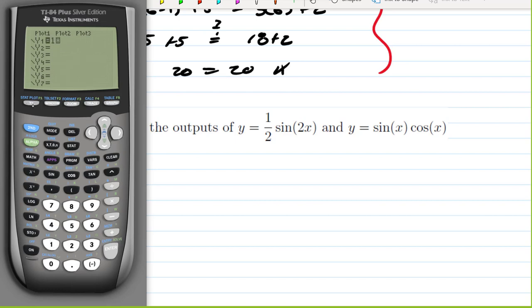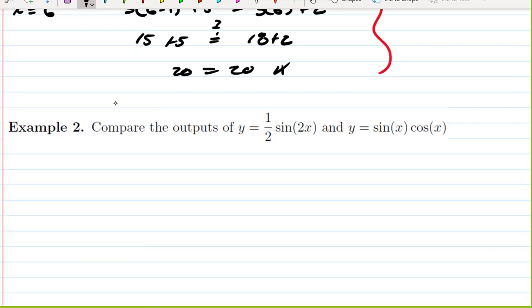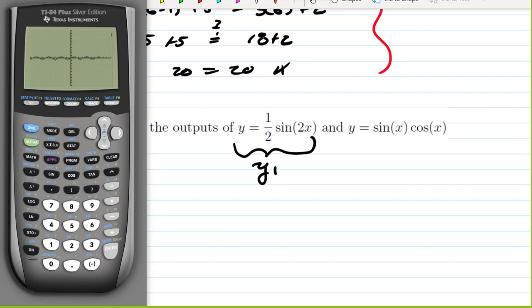So I have 1/2 the sine of 2x. Let's go ahead and graph that. While my calculator's thinking, I'm going to mark that I put this in as y1. Let's zoom in a little bit. I'm going to hit my window.